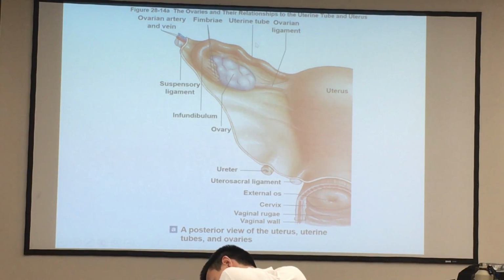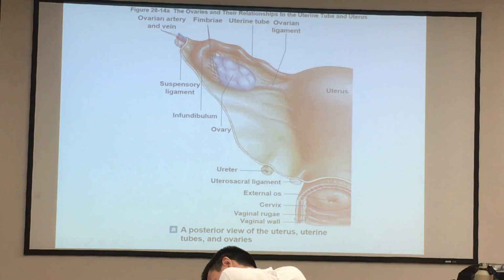Now we magnify a little bit to show you this suspensory ligament. It always carries the artery and the vein. Okay, the ovarian ligament is just a ligament without blood vessel.